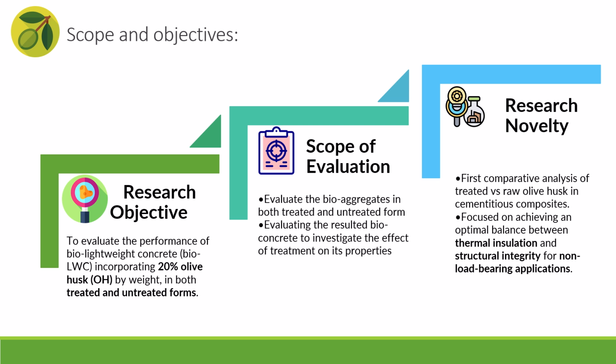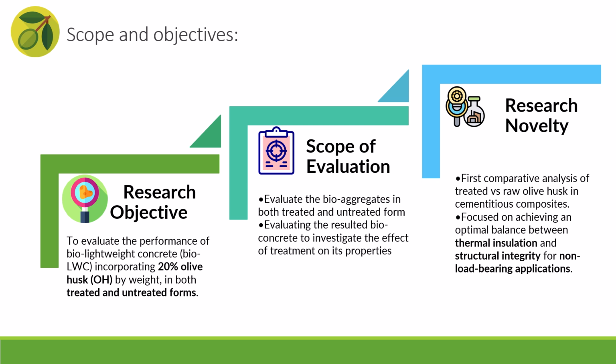The scope of this study is twofold. First, we conducted a detailed characterization of both untreated and thermally treated olive husk to understand their intrinsic properties. This included particle size distribution, density, porosity, and water absorption, all following the Rilem recommendation for bio aggregates.